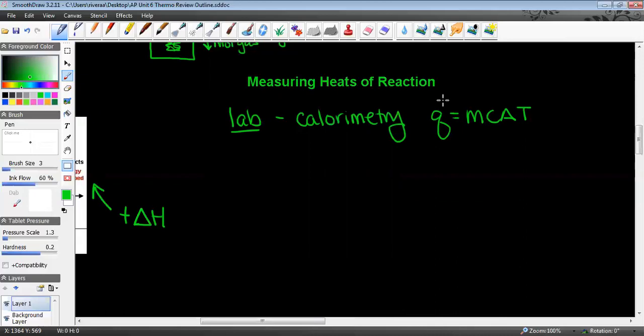So Q, when we're talking about the heat evolved in a reaction in the lab, is an extensive property. It depends on how much stuff you use.